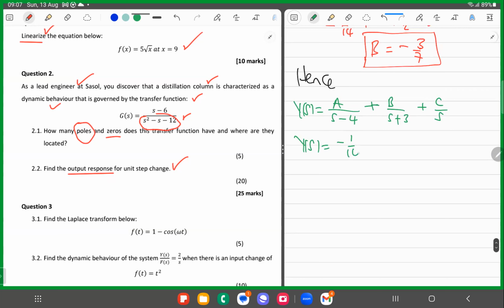We got minus 1 over 14 times 1 over s minus 4. Our B, what is our B? It is minus 3 over 7 times 1 over s plus 3. And then C is 1/2 times 1 over s.